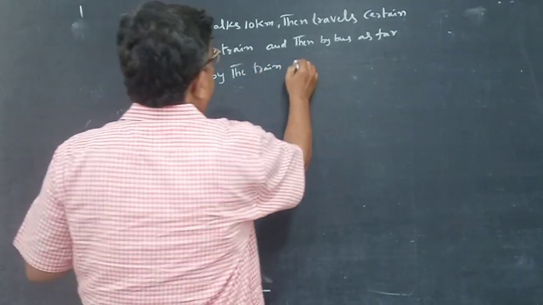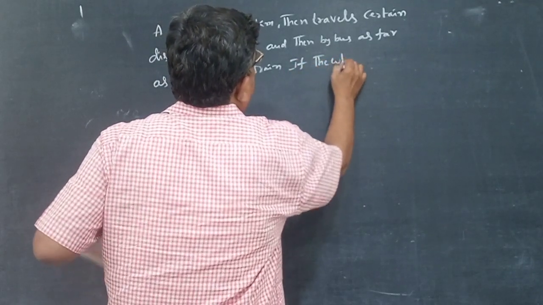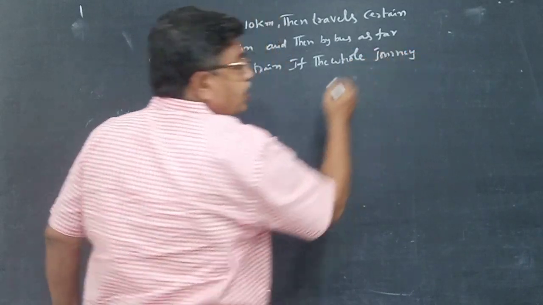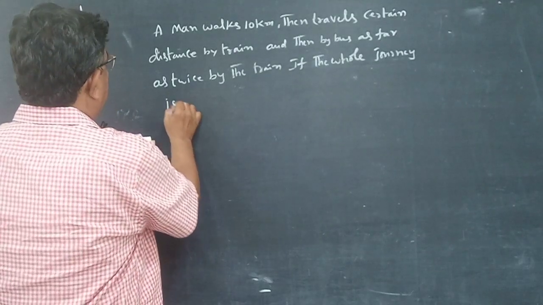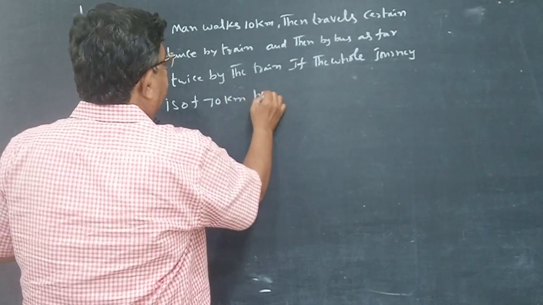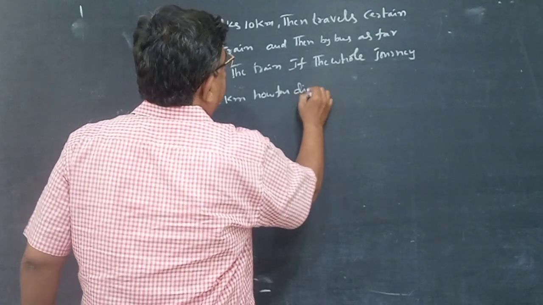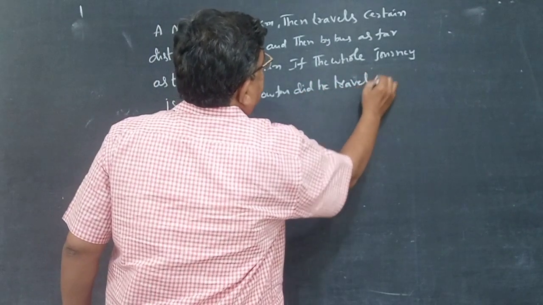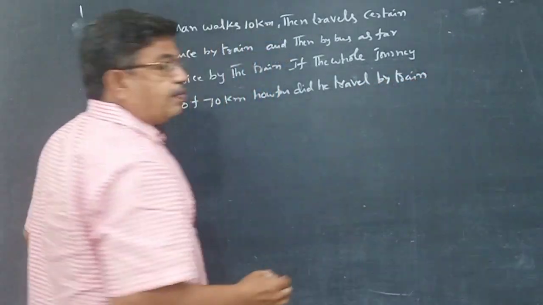If the whole journey is of 70 kilometers, how far did he travel by train? How far he traveled by train?